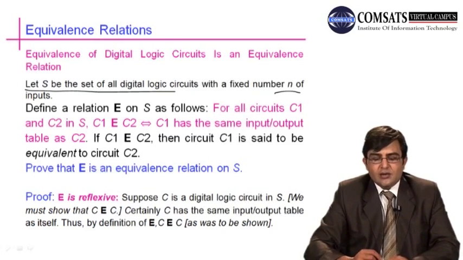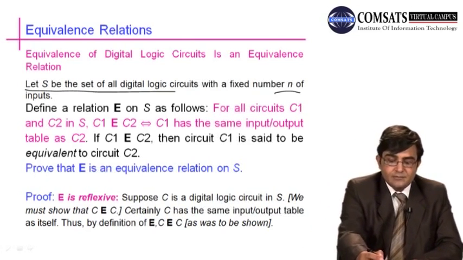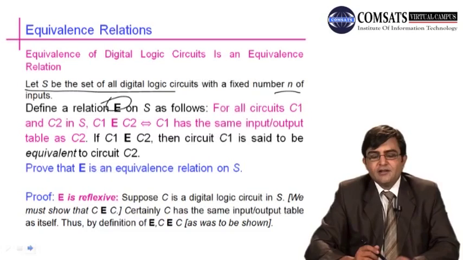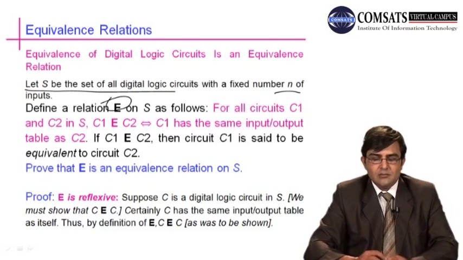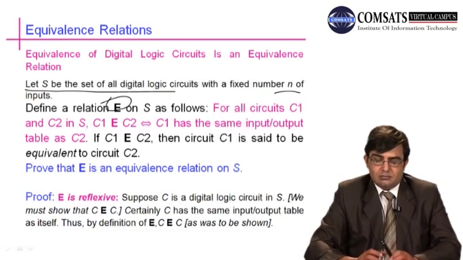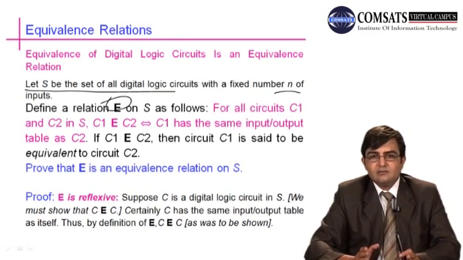Define a relation E on S as follows. For all circuits C1 and C2 in S, C1 is related to C2 under the relation E if and only if C1 has the same input-output table as C2. So if we have two circuits C1 and C2, they are related, C1 E C2, if and only if they have the same input-output table.